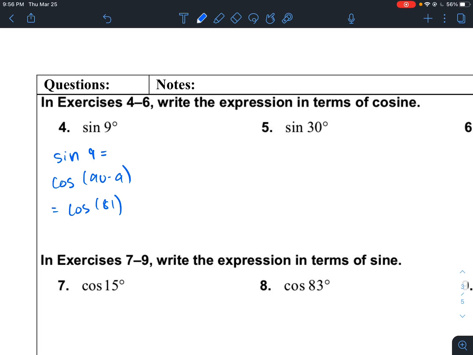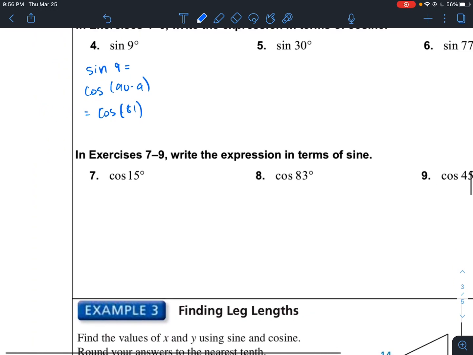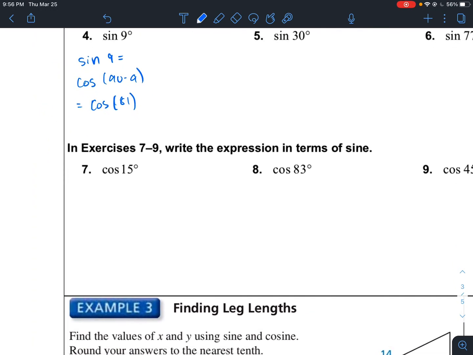Okay, and that's really all it is to it. So that's for cosine. And then here for number 7, cosine of 15, in terms of sine, would be sine of 90 minus 15, and this would be equal to sine of 75.